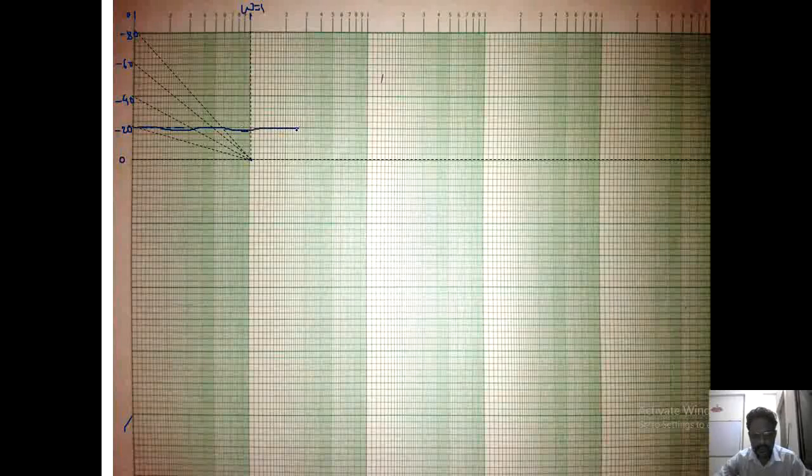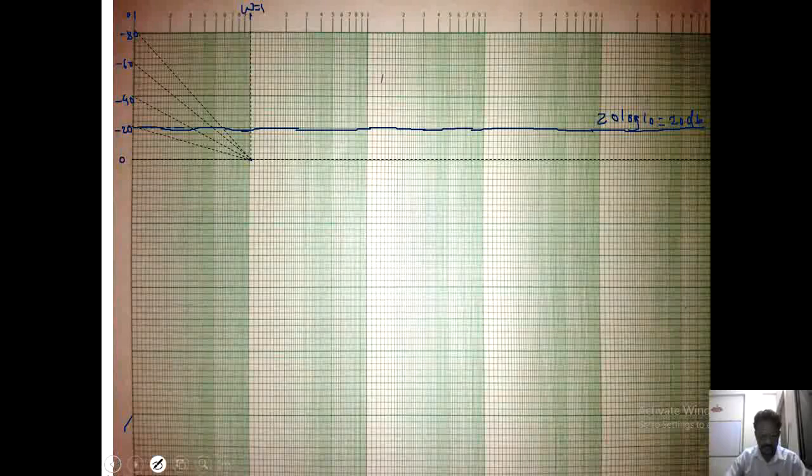The line should be straight. Use a scale and all graphical instruments. And this graph, 20 log 10, is equal to how much? 20 dB, decibel. So the first graph is completed.